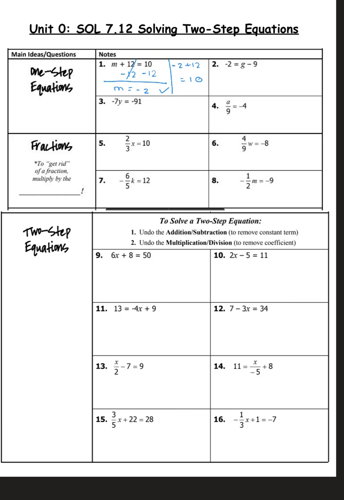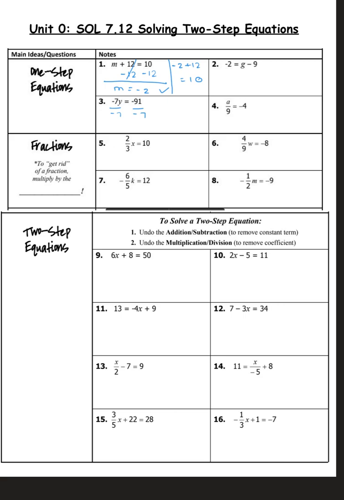All right, we're going to skip on over to number 3. We have that negative 7y is equal to negative 91. So negative 7 and y are being multiplied together, so we're simply going to divide both sides by negative 7. Negative 91 divided by negative 7 gives us a positive 13.